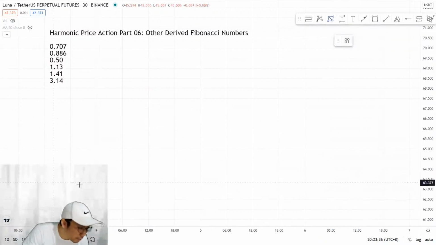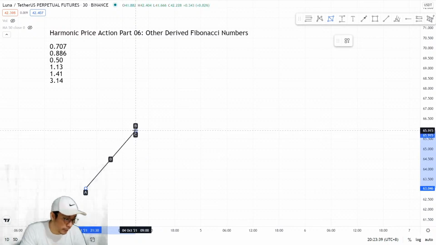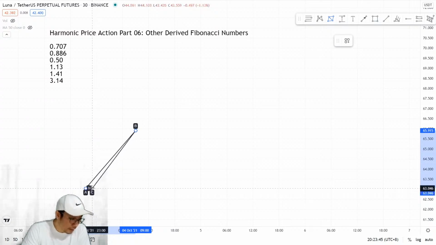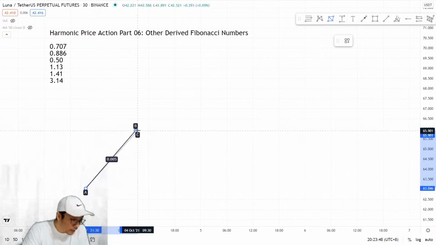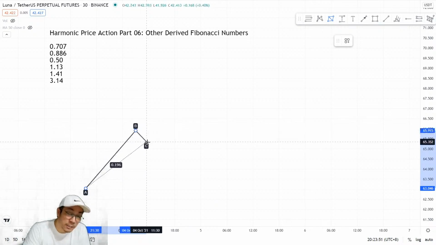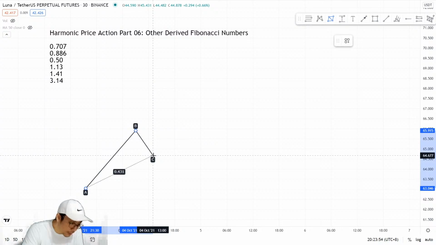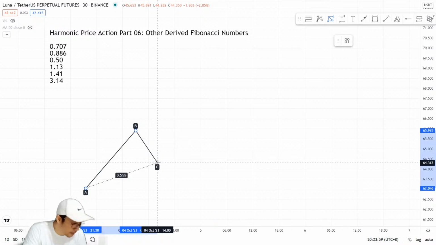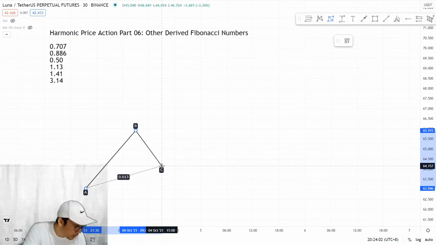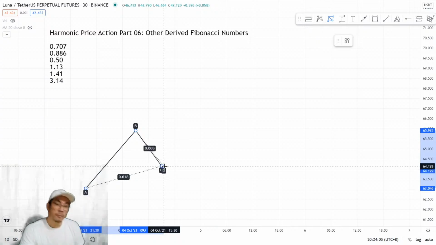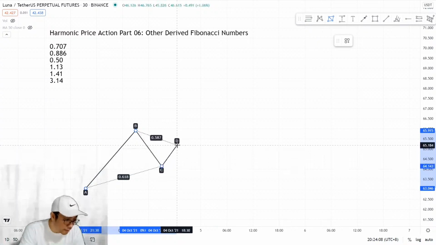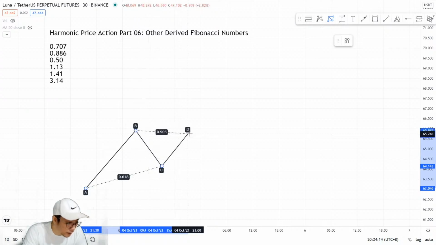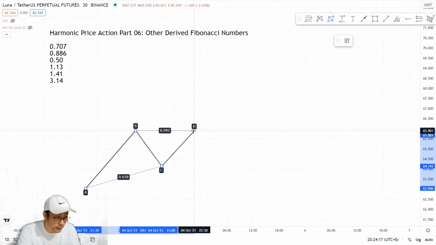Usually what we have is an impulse from A to B. Whenever price moves up or down, once completed, it usually makes a pullback at a certain number. Let's set a number from our part 1, which is 0.618. For example, it reverses at 0.618 and stops there. Then it makes a recovery, a retracement, then moves up, breaking our previous structure, point B. Then what's the equivalent reciprocal of 0.618?